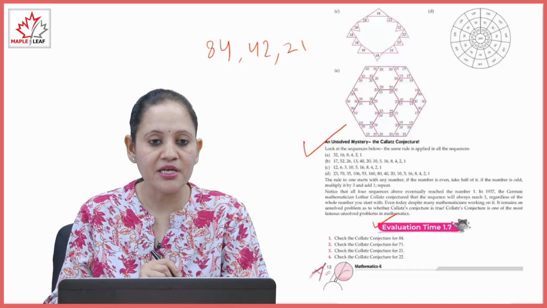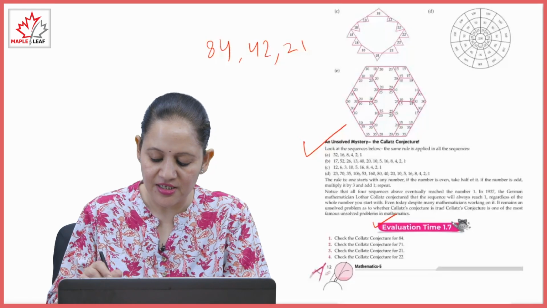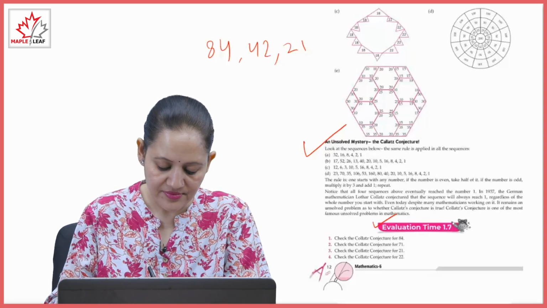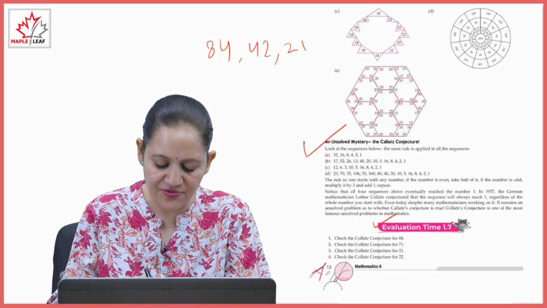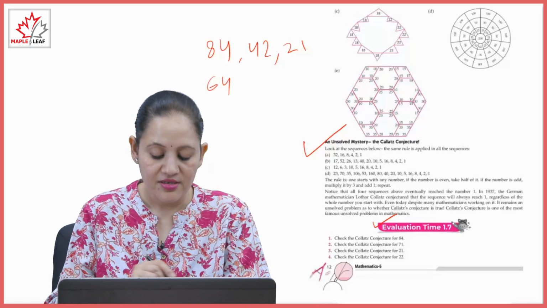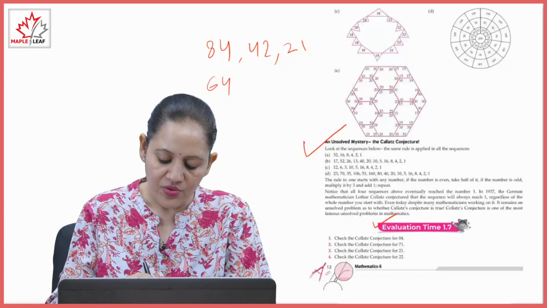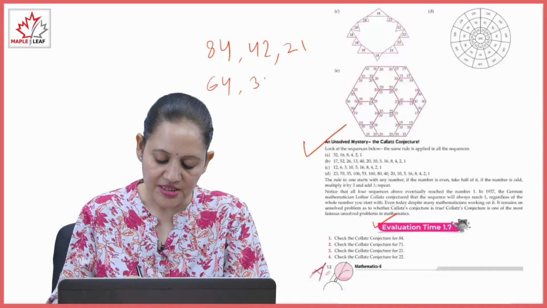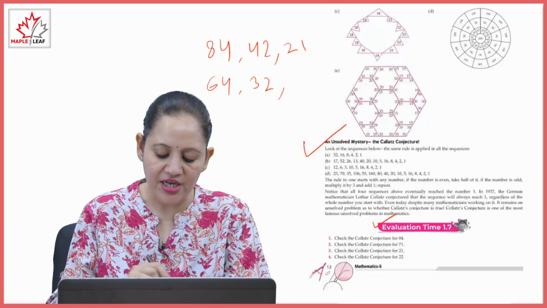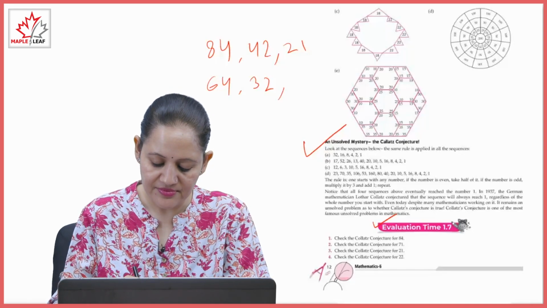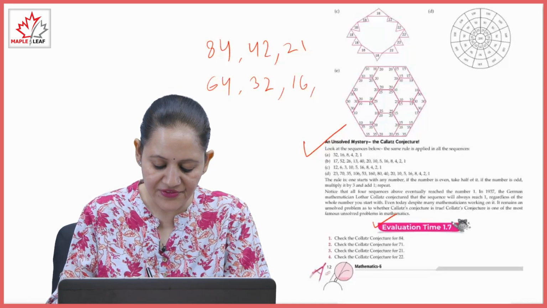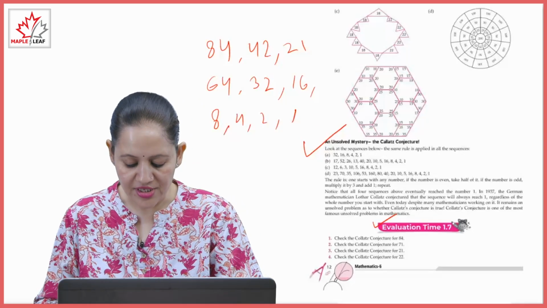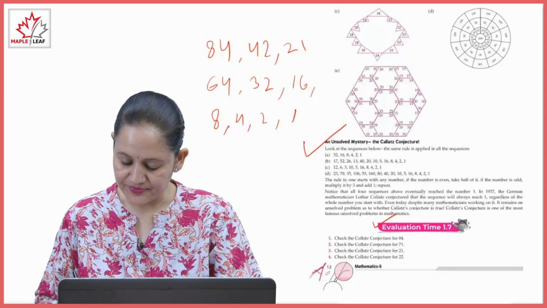Now it's an odd number, so we multiply it by 3. 21 into 3, 63, plus 1, 64. Now we will halve it because it's an even number. 32. Now again we'll halve it. Its half is 16, 8, 4, 2 and 1. So yes, it satisfies Collatz's conjecture.